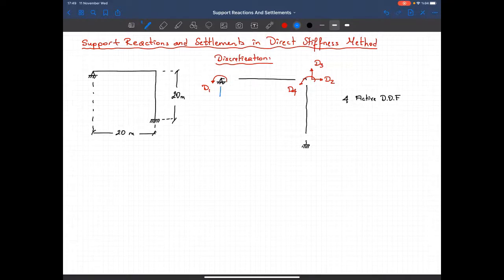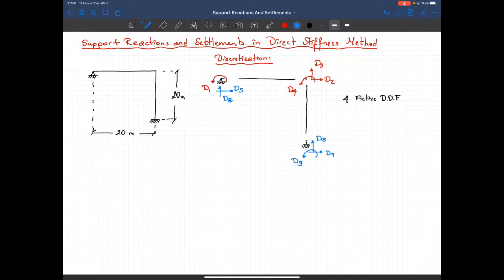Then as a second step, I will continue to number the degrees of freedom. So in the support I have D5. I know that it's equal to 0, but now I will continue to name it as if there is no support. Sorry, that's D5, that's D6. So D7, D8, and D9.